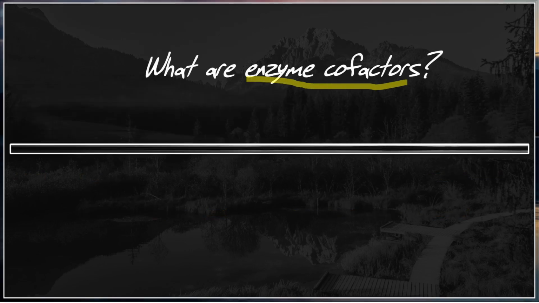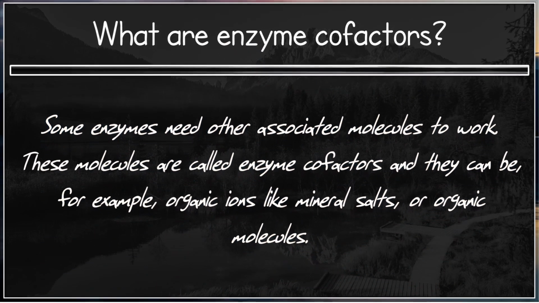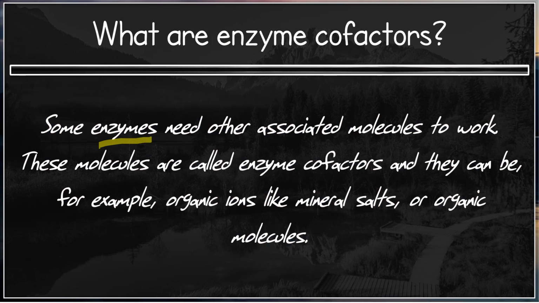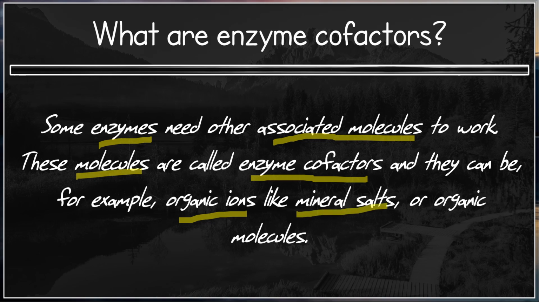What are enzyme cofactors? Some enzymes need other associated molecules to work. These molecules are called enzyme cofactors. They can be, for example, inorganic ions like mineral salts, or organic molecules.